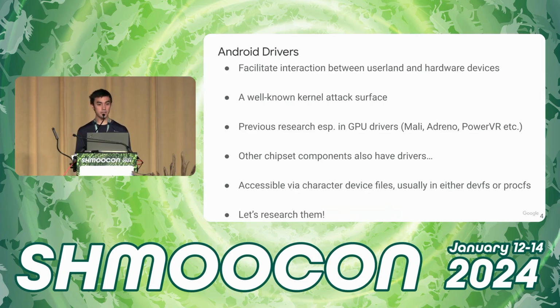And they're usually accessible to userland in some method. Usually that's via character device files, usually in either devfs or procfs, also known as the /dev and /proc folders. And there's been a lot of research into GPU drivers, but not quite so much research into other chipsets' drivers and what sort of bugs we might see from those sorts of drivers.